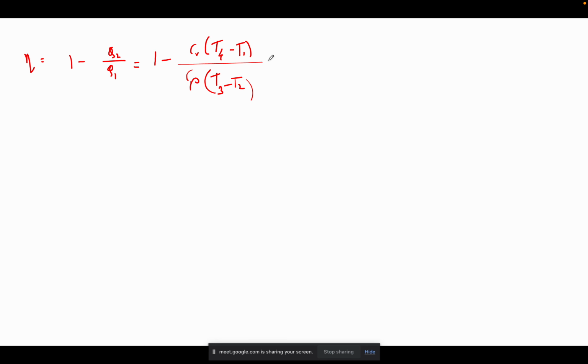So that means I can write this as 1 minus T4 minus T1 divided by gamma into T3 minus T2.